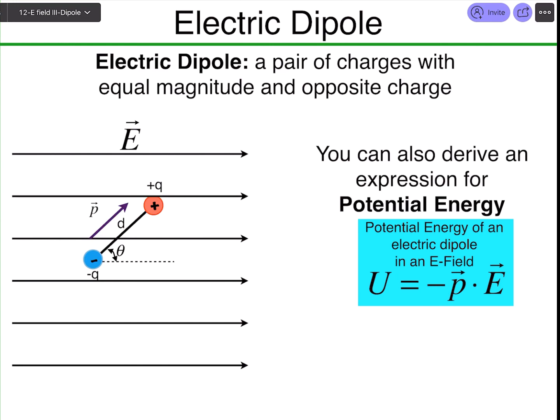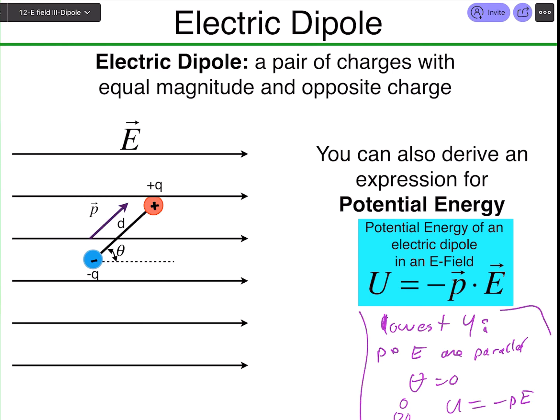The lowest potential energy, the lowest U, is when P and E are parallel. And so that means theta equals 0. Therefore, the potential energy is equal to minus P times E times cosine of 0, which is 1. So it's going to be negative PE. So that's the lowest possible potential energy situation.